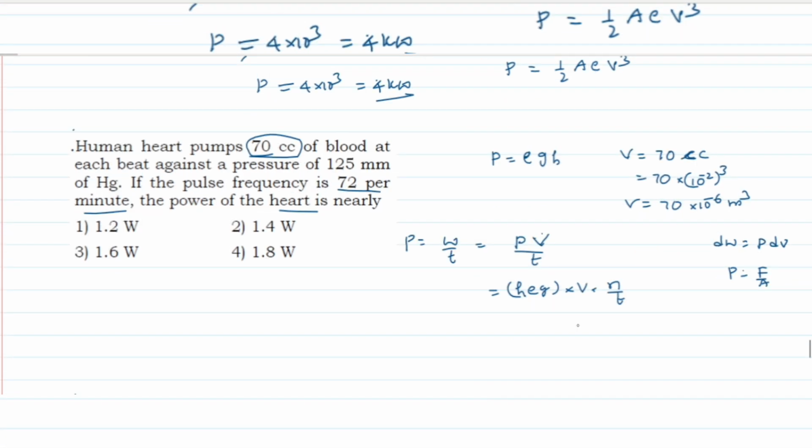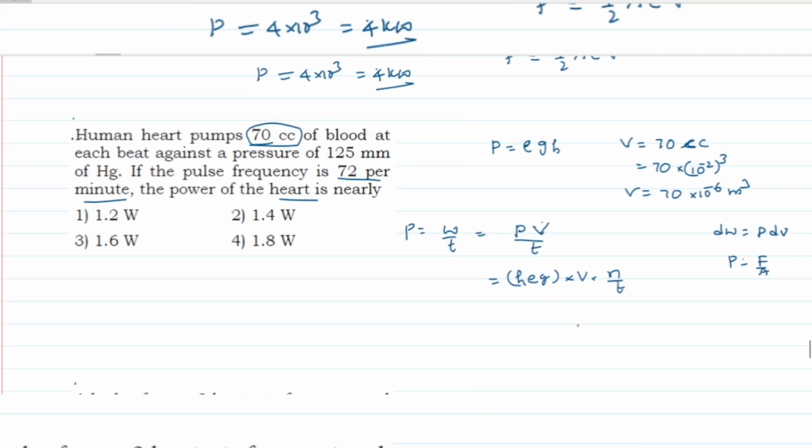This is the total power formula, students. P equals N, the number of beats heard per second. Each minute it is pumping 72 per minute, the pulse frequency given. So number of beats per second is 72 by 60.